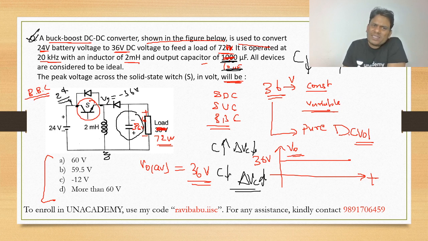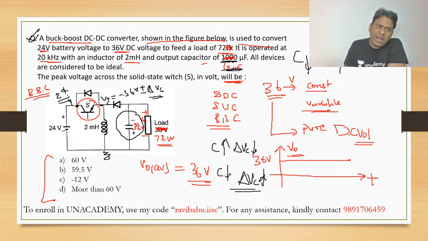But this minus 36, beta, has some ripple also, plus minus del Vc, 5 volt, 10 volt, 1 volt, 0.5 volt, which will depend upon the value of C. But definitely this term will not be zero. So if we add minus this and minus this, then this value will be greater than 36 in magnitude.